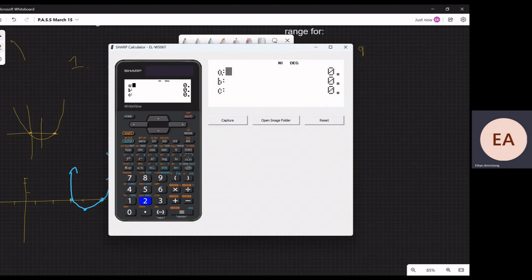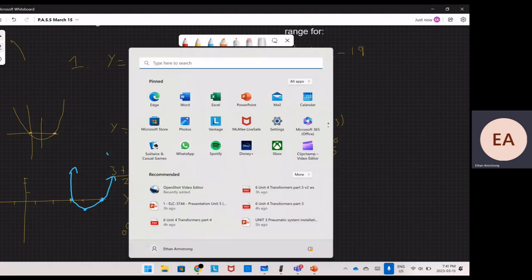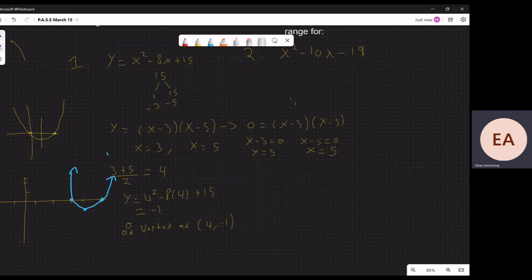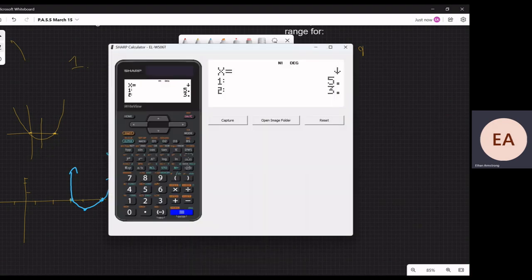Our a value is 1, then for b we have -8, and plus 15. We got x equals 5 and x equals 3, which is good, that's what we got for our x-intercepts. Then we can scroll down, and for our vertex, we had 4 and -1, so that means we did that right.